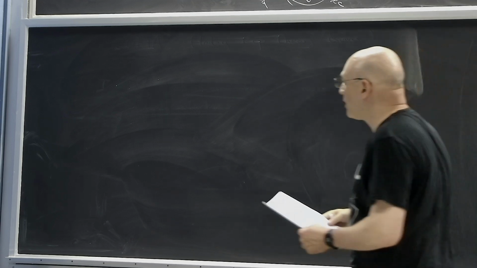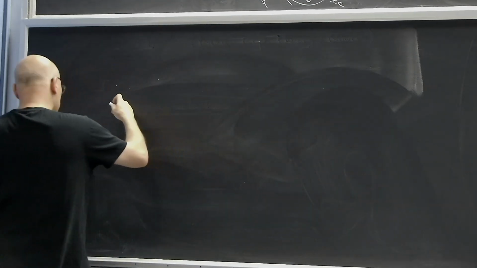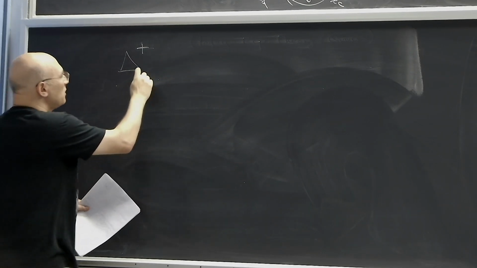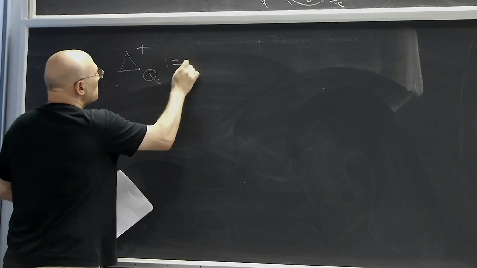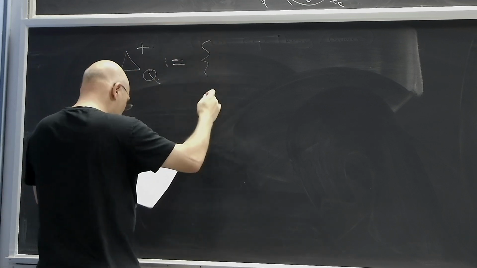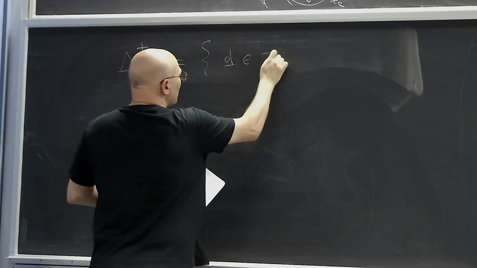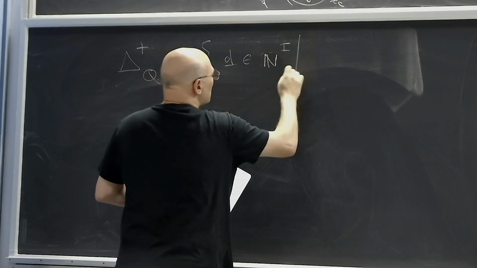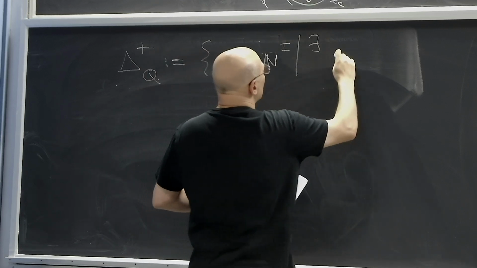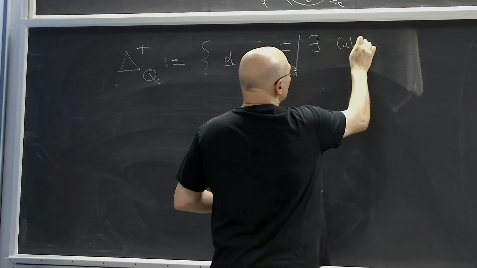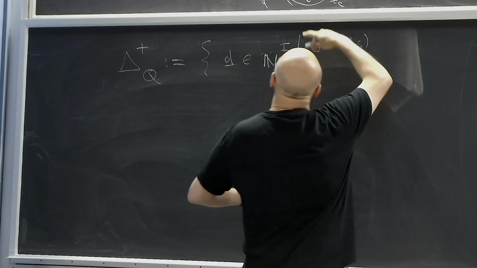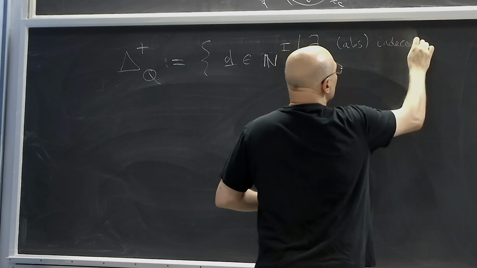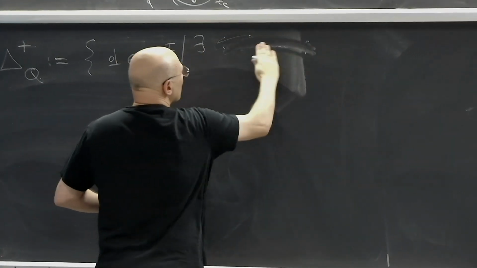So now out of this, I can define a lattice. This is just a definition for the quiver. This is the collection of classes d such that there exists an absolutely indecomposable, in case the field is not algebraically closed, though actually it doesn't change anything.